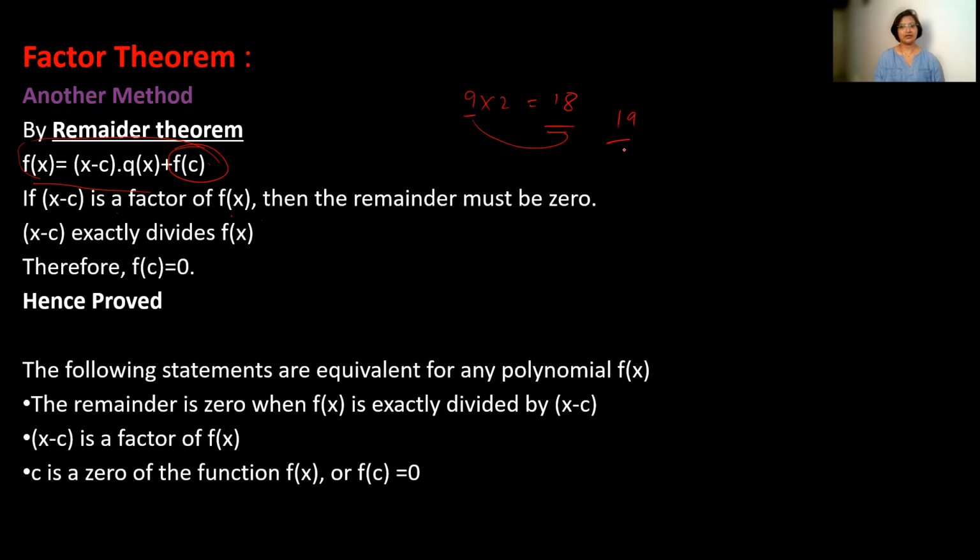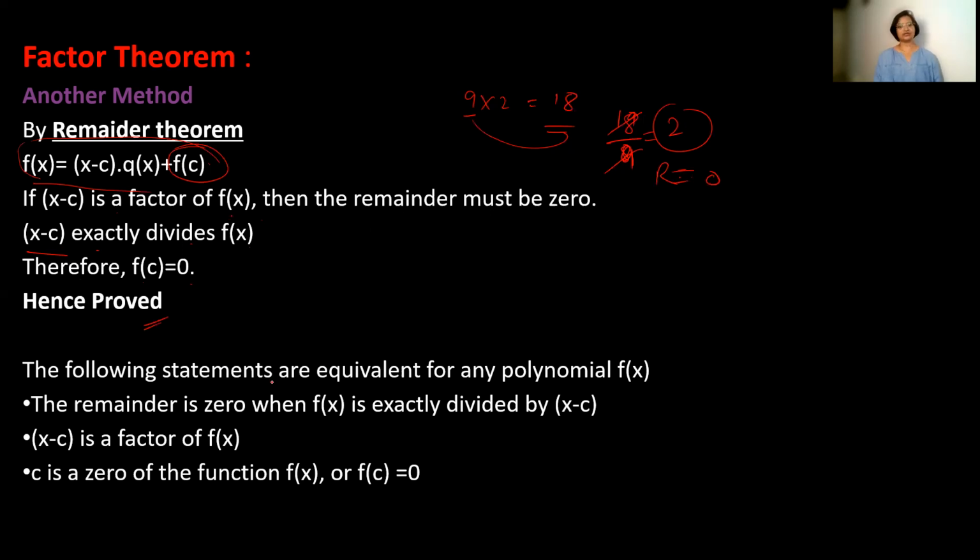If you are dividing by 9, it divides completely, right? So there is no remainder, and no remainder means remainder is 0. So if x minus c exactly divides f(x), then f(c) equals 0, hence proved.